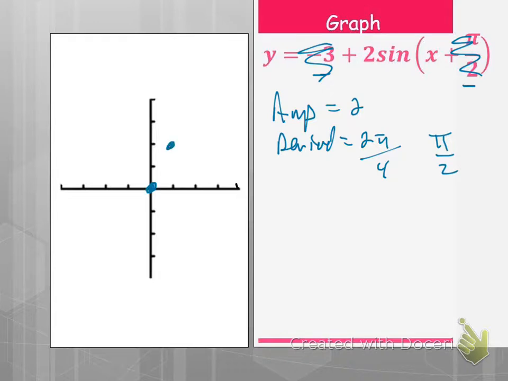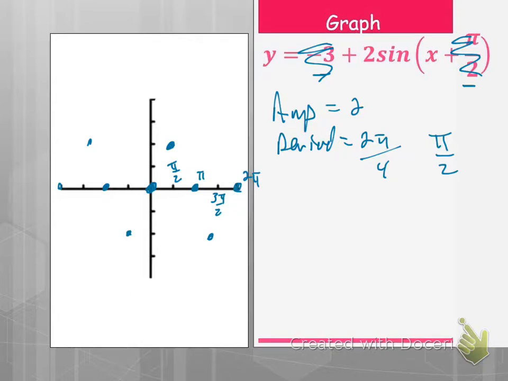And then we go up to 2, back to the x-axis, down to negative 2, and back to the x-axis. Label these: pi over 2, pi, 3 pi over 2, and 2 pi. And then you can always come back the other way just to complete a second cycle. And I'm not going to dot this in. I told you I wouldn't.